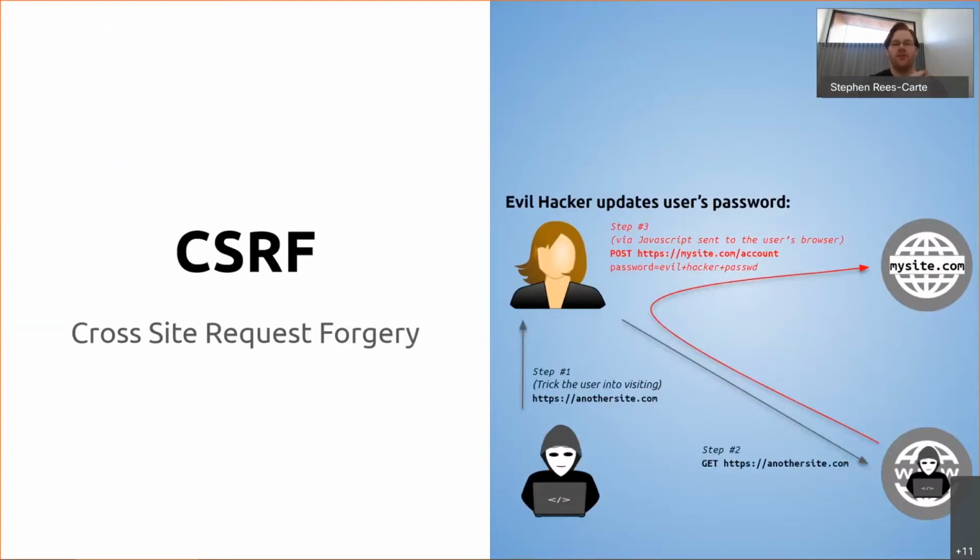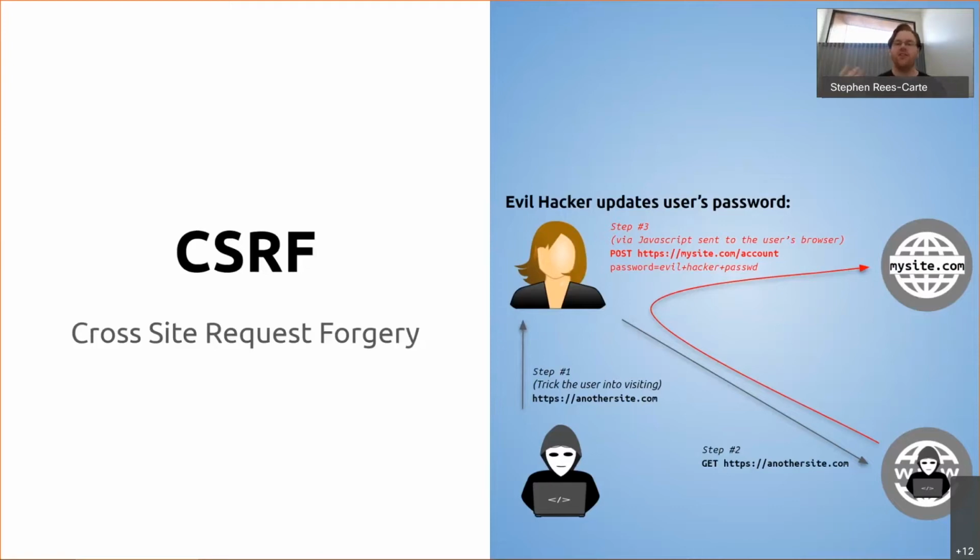And if you can run JavaScript in the user's browser, which you can do if they visit your site, then you can cause the user's browser to make requests that you want, and you can send forged requests. So in this example, the user visits anothersite.com, which runs JavaScript, which makes a post request to mysite.com/account, and that includes a different password.